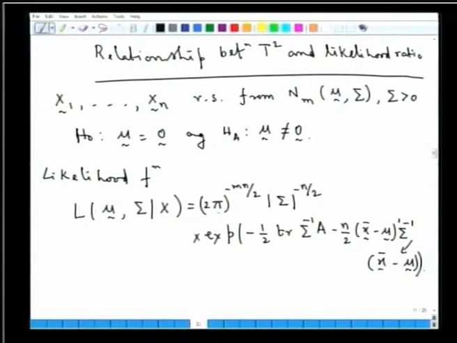So this is the constant part, (2 pi) to the power minus mn by 2, then determinant of sigma to the power minus n by 2, and then this. Perhaps it would be better if I write the first form and then this simplified form.